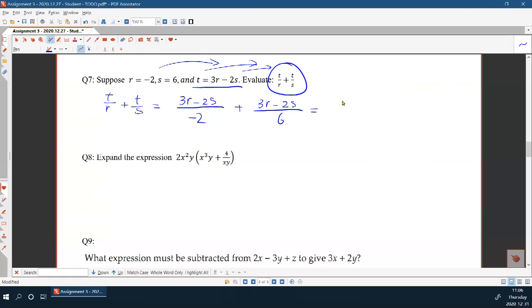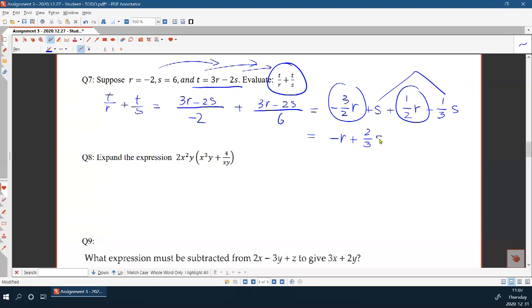So the first term becomes, plus S, plus second term becomes 1 over 2R minus 1 over 3S. We put R together and put S together. So put these two together, we have minus R. And put these two together, we have 2 over 3S, right?